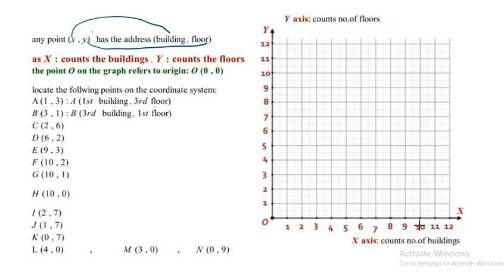And if you have the x-axis and the y-axis, x counts the number of the building, like we have building 1, building 2, building 3, building 4, and so on. And the y-axis counts the number of the floors, floor 1, floor 2, 3, 4, and so on.